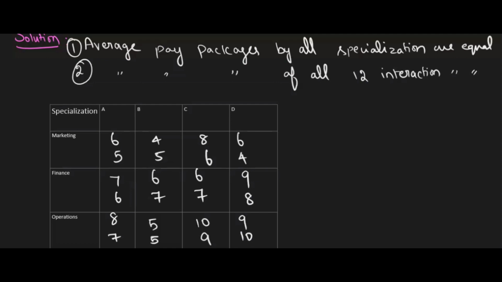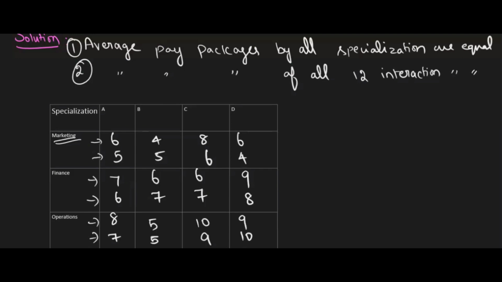So here 12 interactions, I am talking about the interaction between this, because we are taking 2 students. In marketing itself, this is for student 1 and this is for student 2. Similarly, finance against student 1 and 2. Operations against student 1 and 2. So, if we compare this, we have 12 interactions.